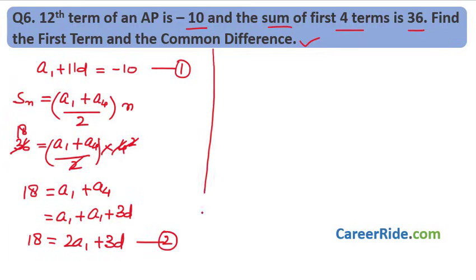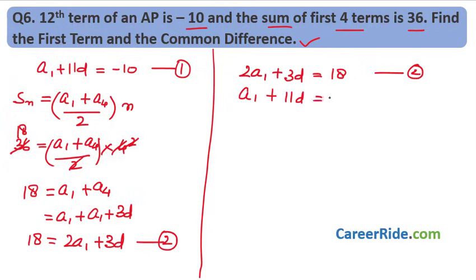Now can I solve equation number 1 and equation number 2 for 2 variables to find the answer? Let's try to do that. What do I have? 2A1 plus 3D is equal to 18. This is my second equation. My first one is A1 plus 11D is equal to minus 10. This is my first equation.